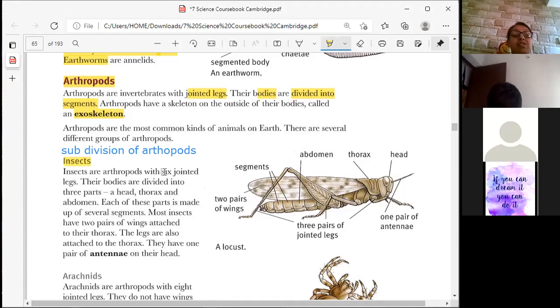Then you will write 6 joint legs. Bodies divided into 3 parts: a head, thorax, and abdomen. Then you can say several segments. Then you can say 2 pairs of wings. Then you can say 1 pair of antenna.